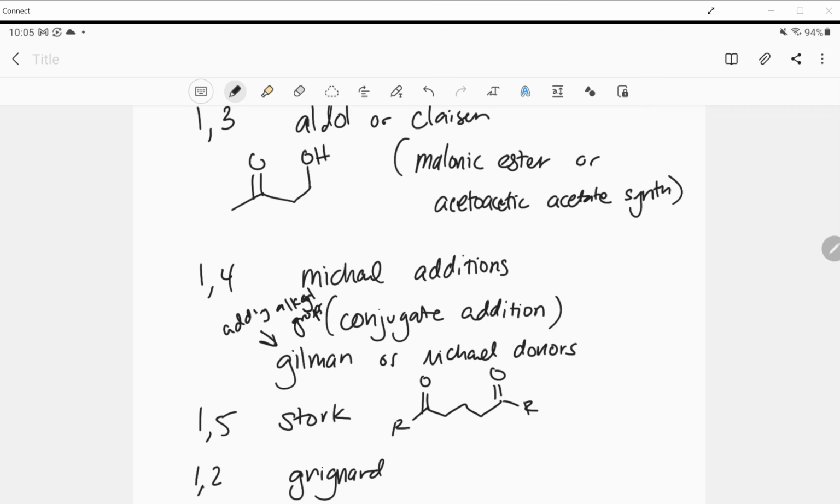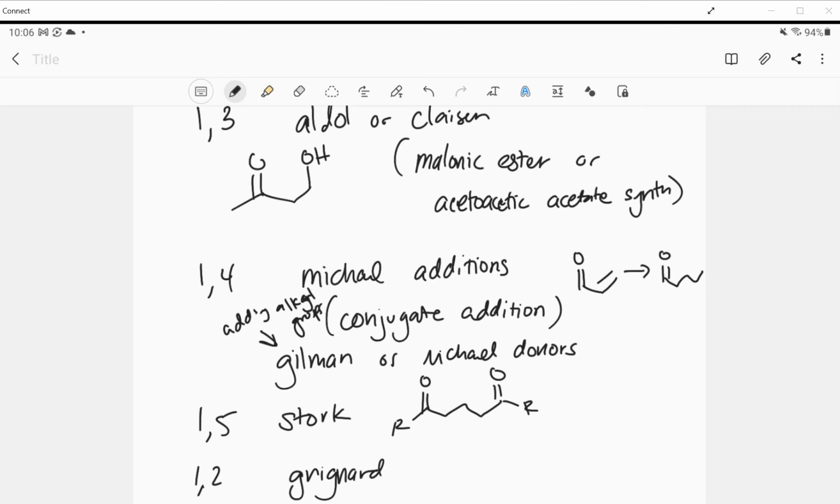So we're just extending something. You're looking for something that's alpha-beta unsaturated, and it's going to have more carbons now, however many there happen to be. That would be an example of a Michael addition with a Gilman reagent.